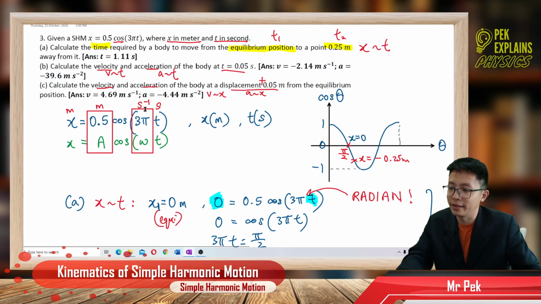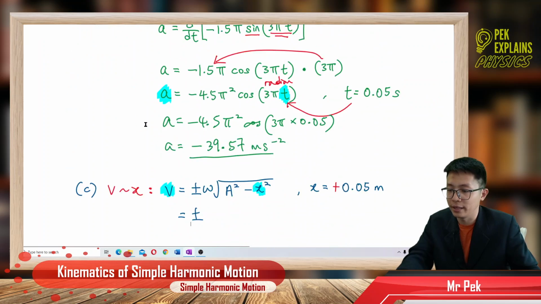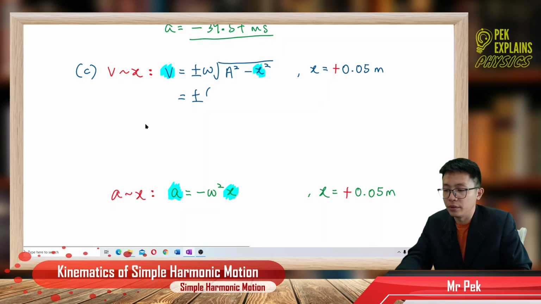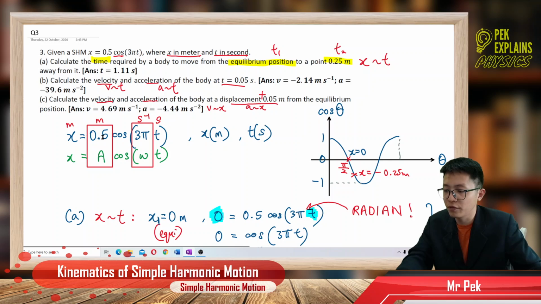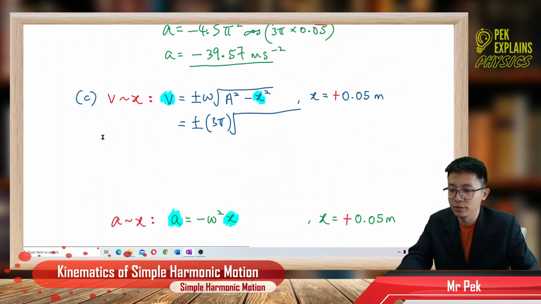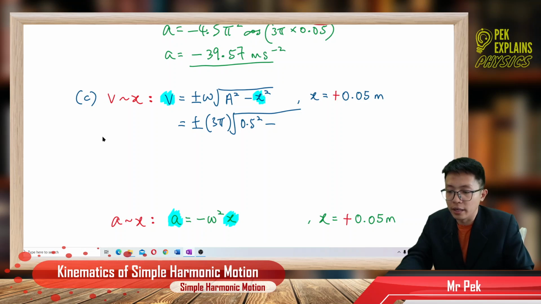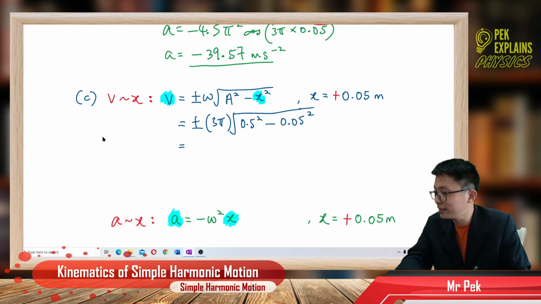Yeah, 3 pi is our omega. And what's our amplitude? Amplitude is 0.5 meter. So 0.5 squared minus 0.05 squared.